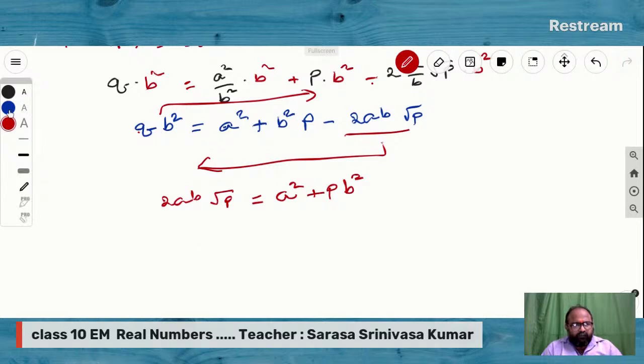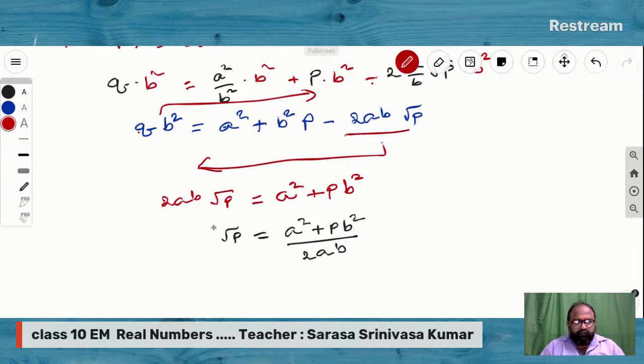So we can write this square root of p equal to a square plus pb square upon 2ab.